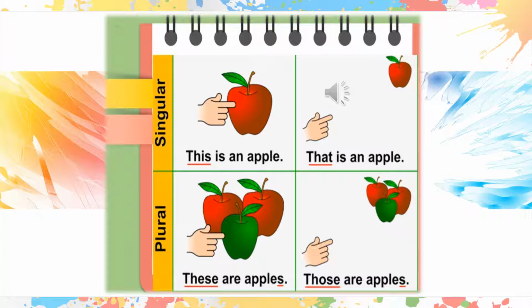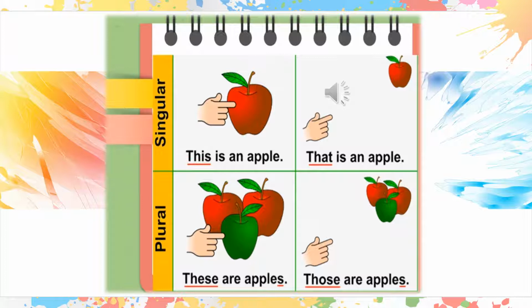So we have written, this is an apple. In the next picture, the apple is at a distance from the hand. So we have written, that is an apple.